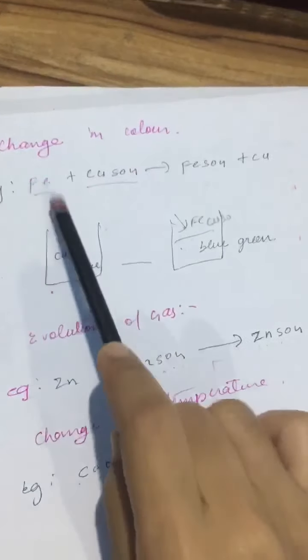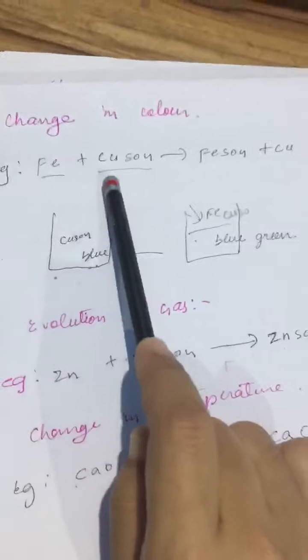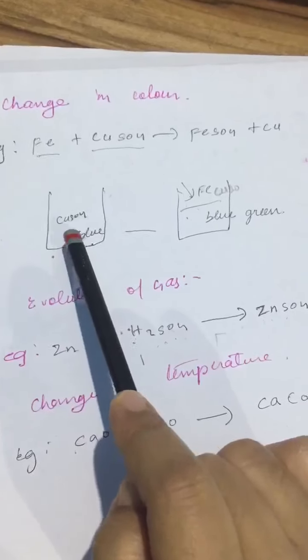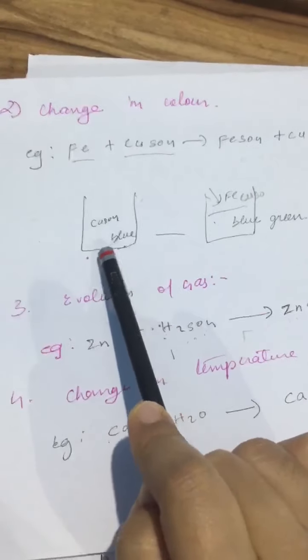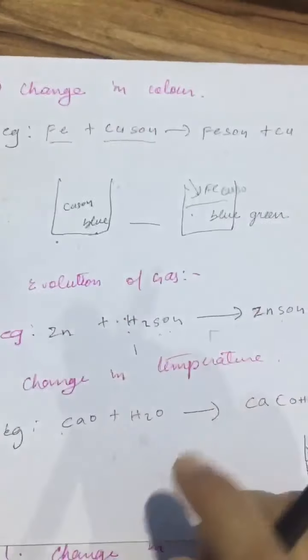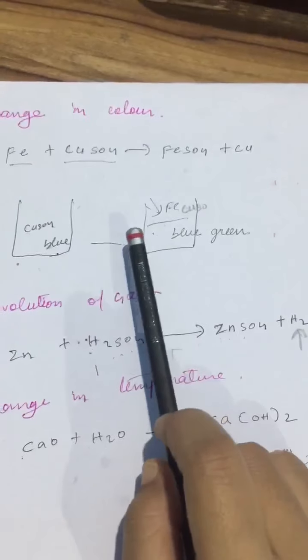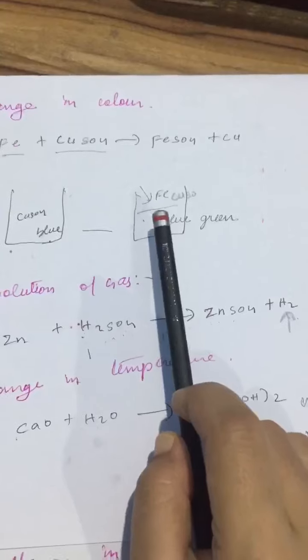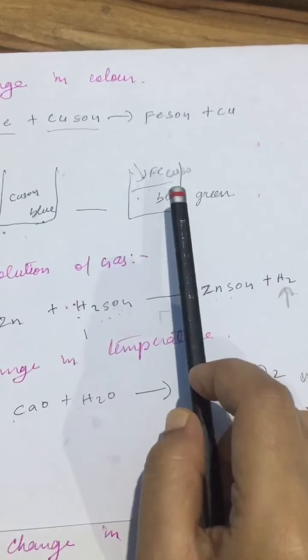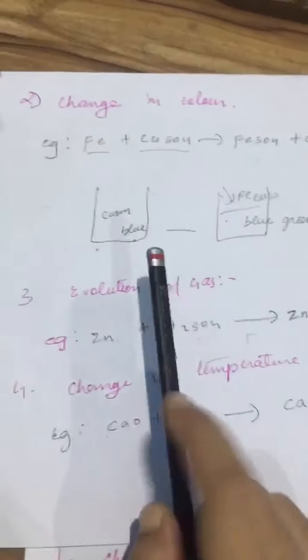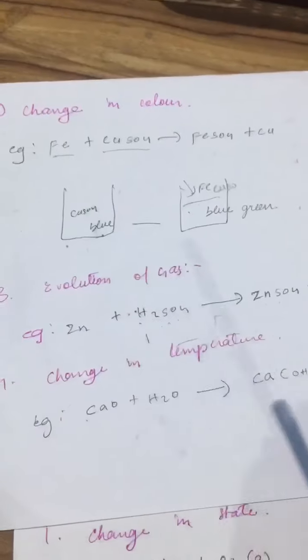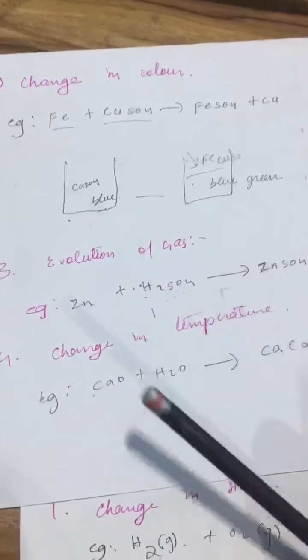Here the copper sulfate aqueous solution is blue, but when we add iron to it, it becomes blue-green. So we can see the change in color when we add iron.